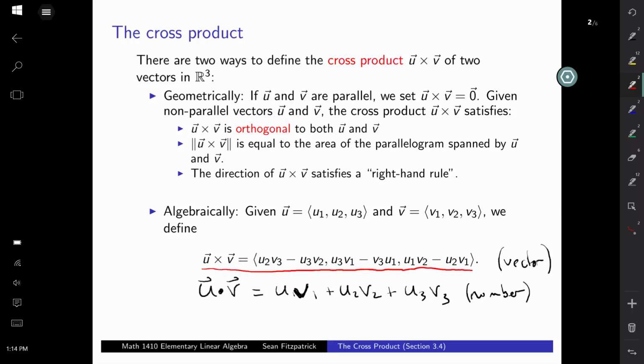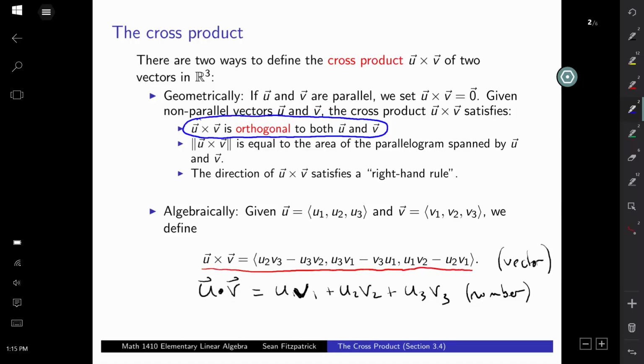But it's complicated looking because it does a complicated job. It has a sophisticated setup, right? And the job of the cross product is right here. This point here is key.